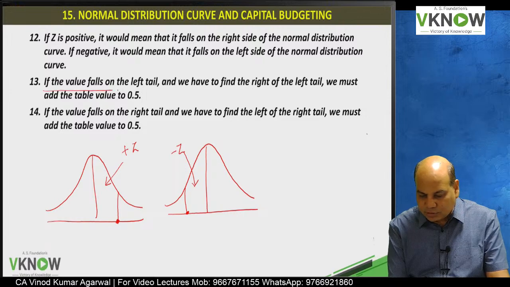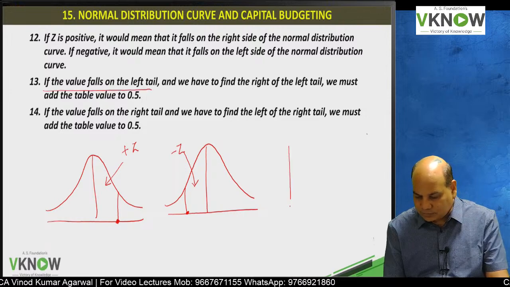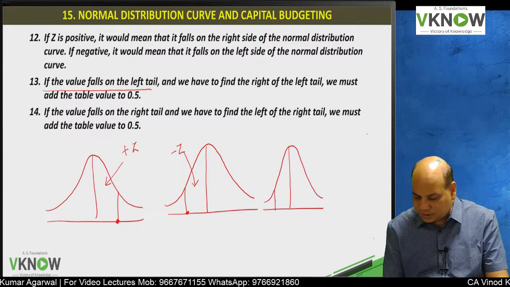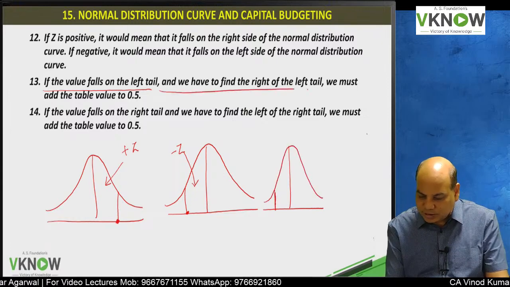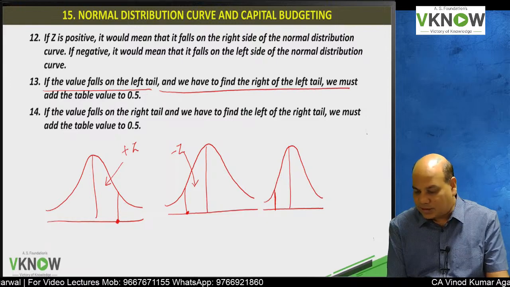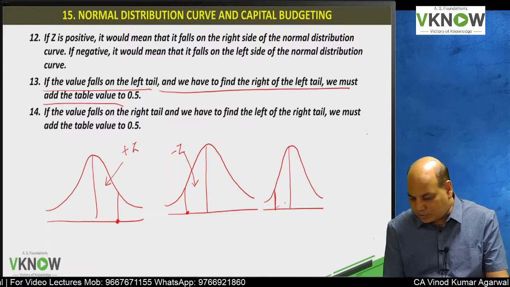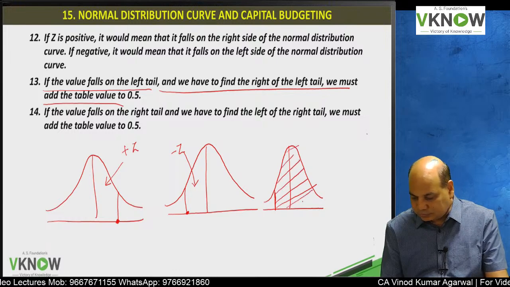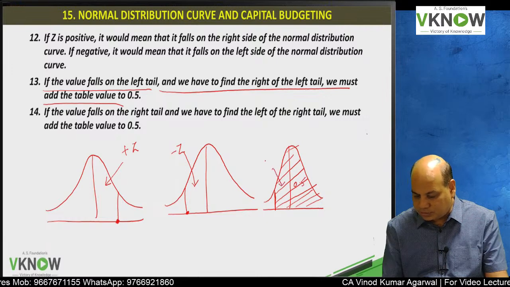Point number 13: if the value falls on the left tail and we have to find the right of the left tail, that means we have to find the probability of this area, we are going to add 0.5 to the table value.